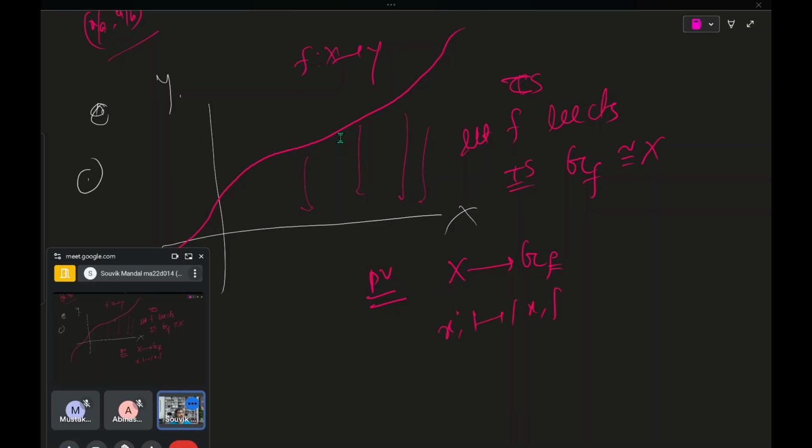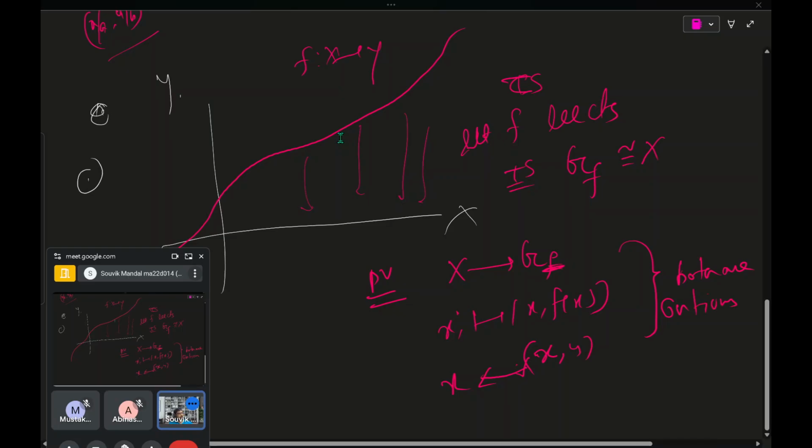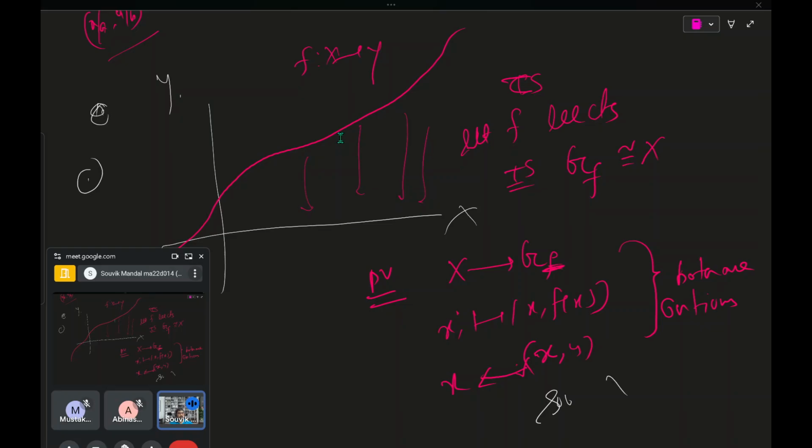And here we take (x, y) goes to x. Both of these are continuous assignments. So this tells us that X is homeomorphic to the graph of f.